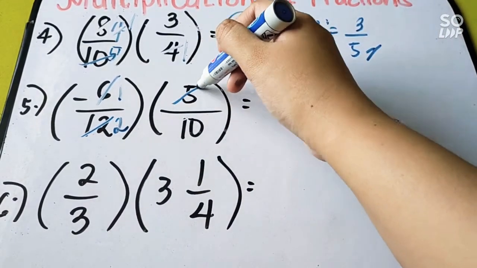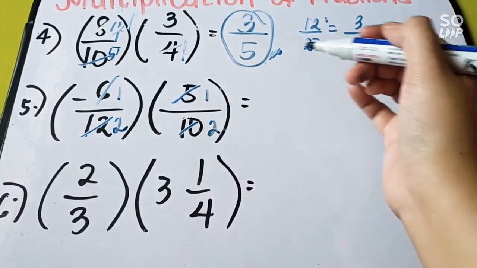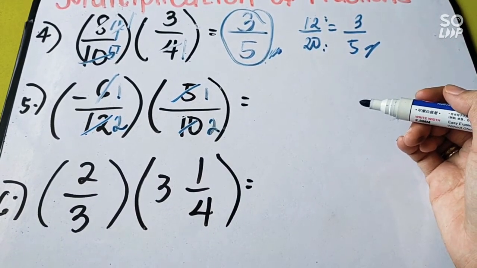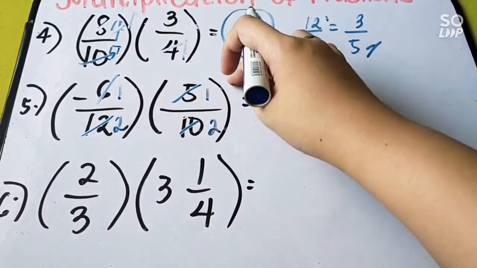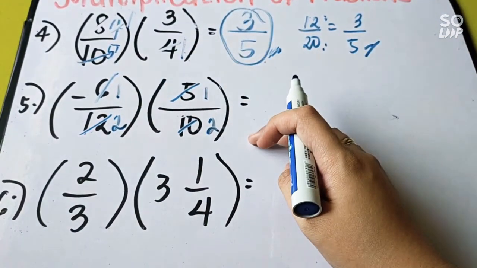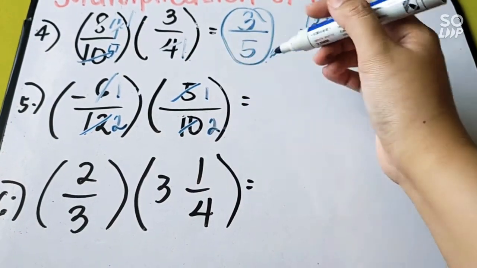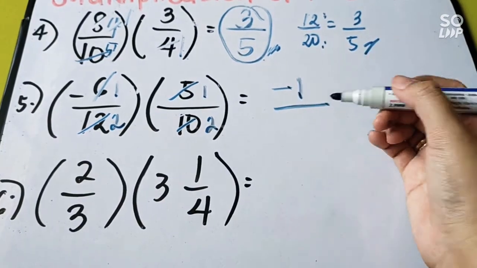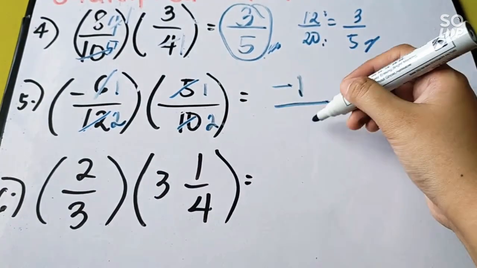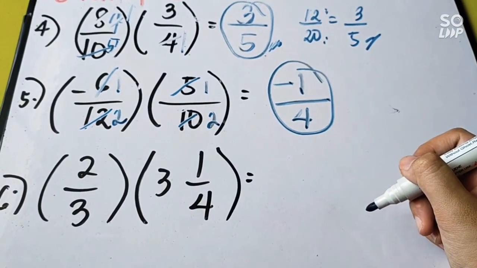So, therefore, si 5 becomes 1 and 10 becomes 2. Is it clear? Then, now, we can now multiply numerator by numerator, denominator by denominator. Negative 1 multiplied by 1, the answer is negative 1 pa rin, over 2 times 2, the answer is 4. So, the answer is negative 1/4. Is it clear?